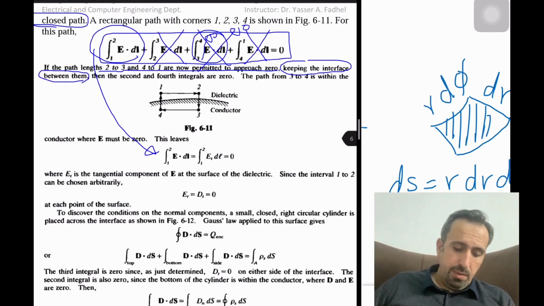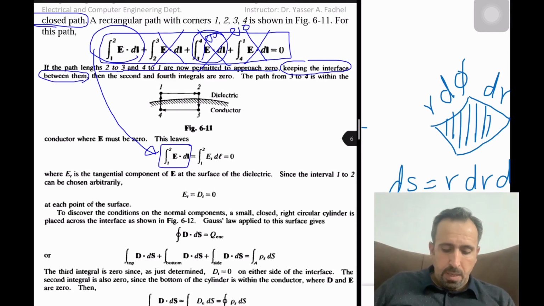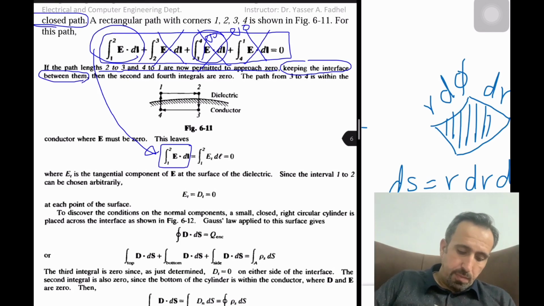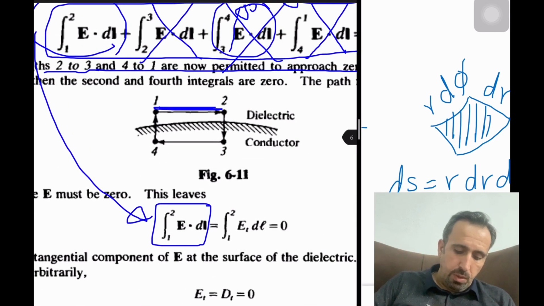Now, thinking more specifically about this case of having the integral from 1 to 2 of E dot dl, and thinking about this path between 1 and 2, may I zoom in? What do you think about the existence of the field?